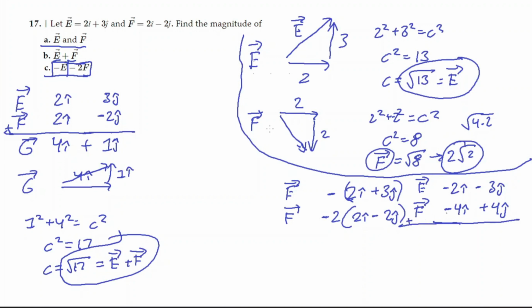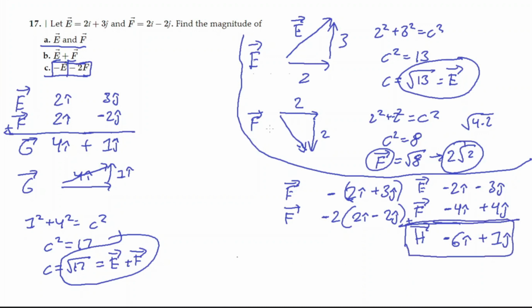So we add this together, not subtract it, so we add together negative 2 and negative 4. That's going to give us negative 6 as our x component of, let's say this is vector h. And then negative 3 plus 4 is going to be just plus 1j as our y component. So vector h is going to be negative 6 and plus 1.